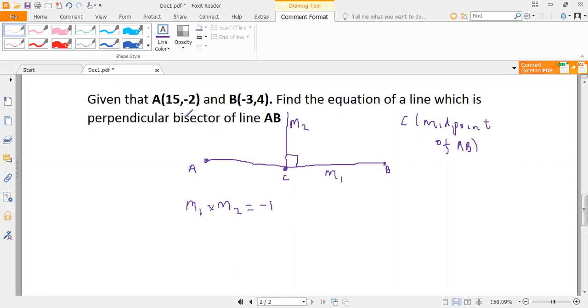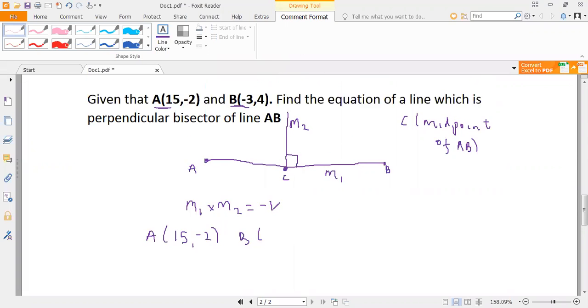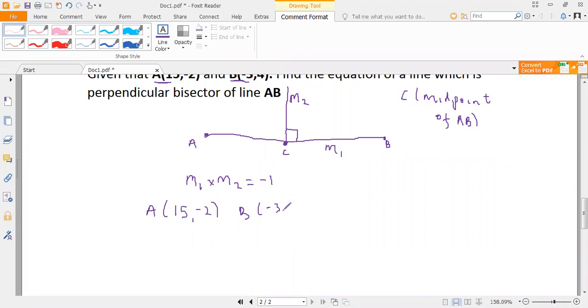Since we have the 2 points where the line AB passes, we shall use the points A and B to find the gradient of the line AB, which I have called M1. So using A, which is 15, -2, and the point B, which is -3, 4, let us find the gradient of the line AB.